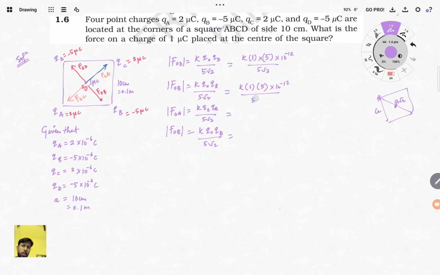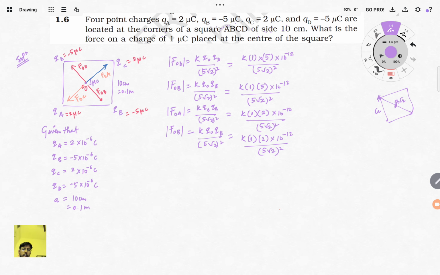Got it? So 5 root 2 is the distance between them, and this is going to be squared. Sorry, my bad, the distance is squared in each of these. Now the magnitude of FOA is going to be K into 1 into Q_A 2 into 10 to the power minus 12 by 5 root 2 squared, and FOB is equal to K 1 and 2 into 10 to the power minus 12 by 5 root 2 squared.